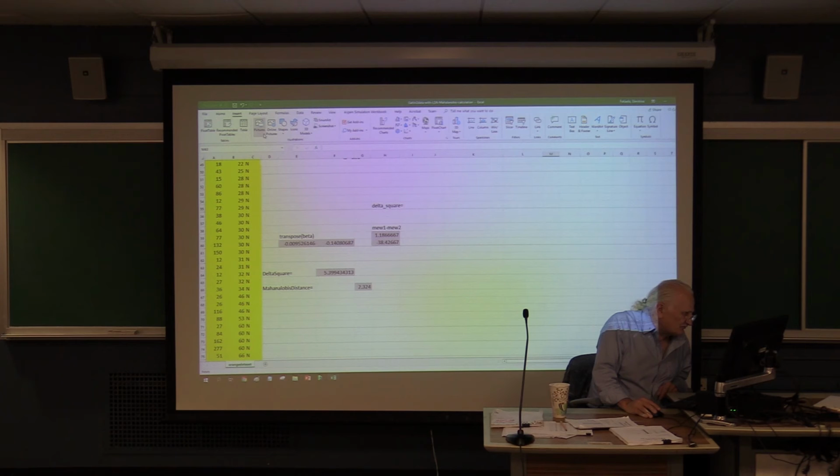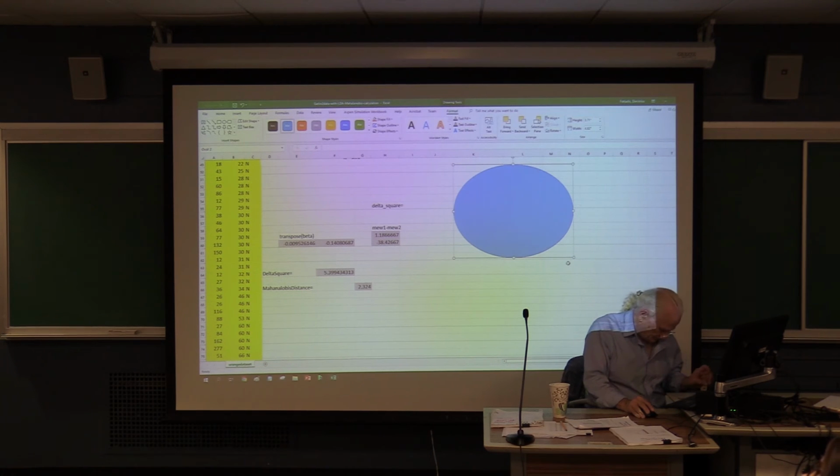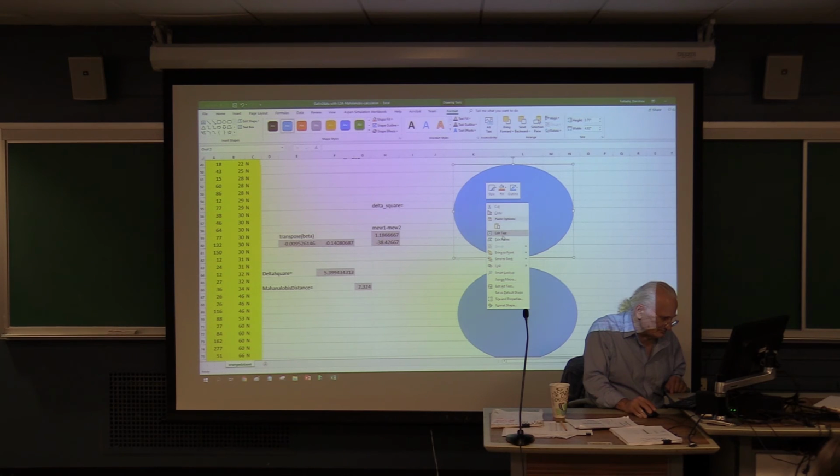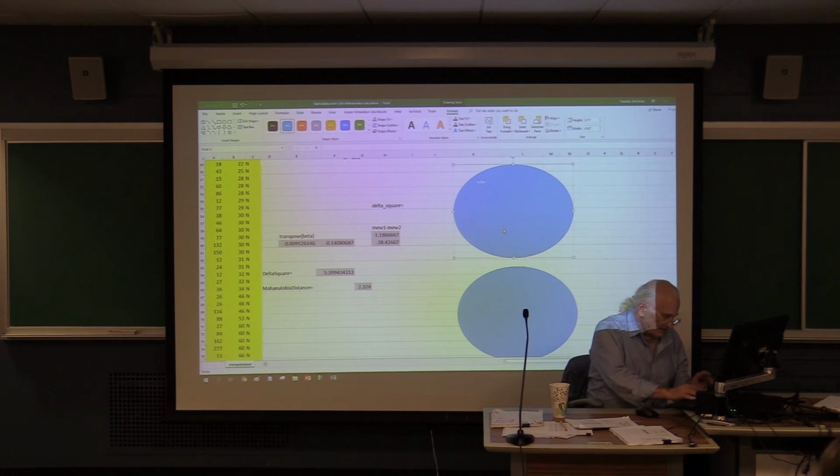So if you have, as we do have, two classes, class 1 and class 2, and this is the centroid of class 1, right?